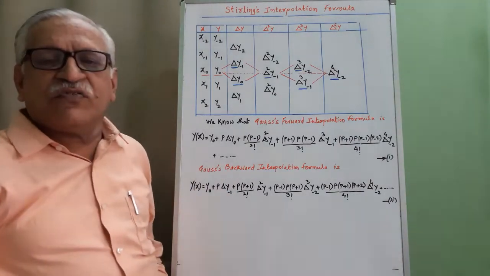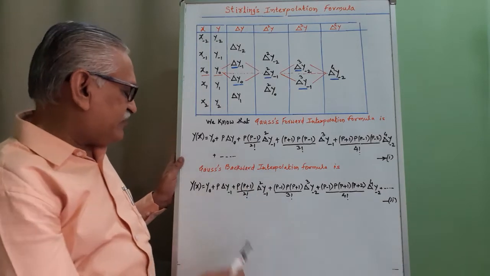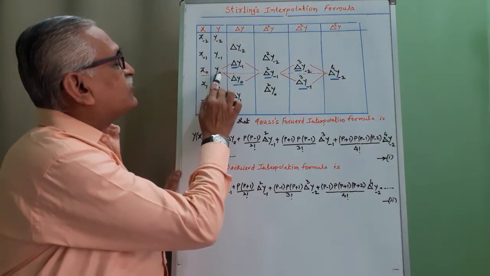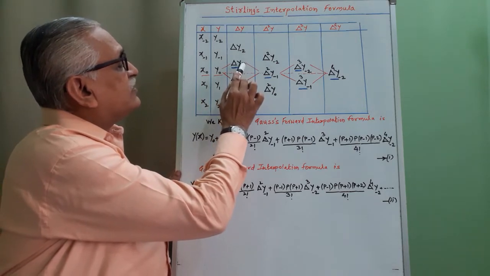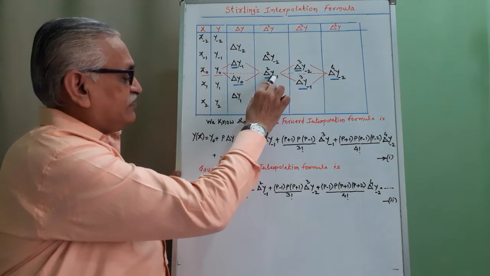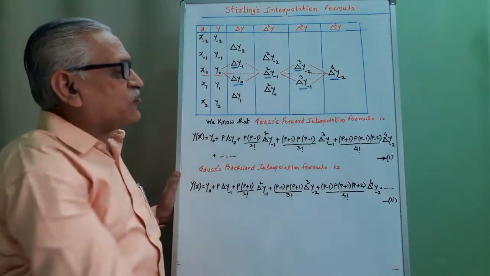Similarly, we have Gauss's backward interpolation formula for y of x. For that we consider the values y0, del y minus 1, del square y minus 1, del cube y minus 2 and del raised to 4 y minus 2.